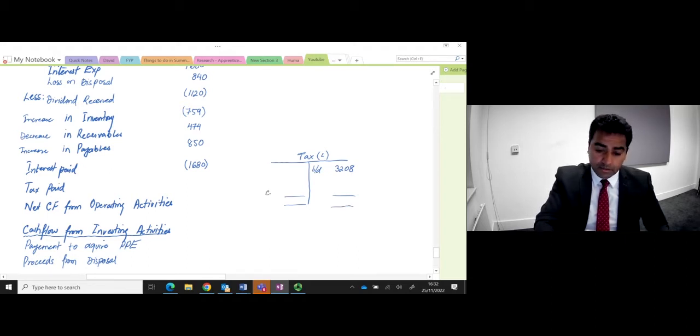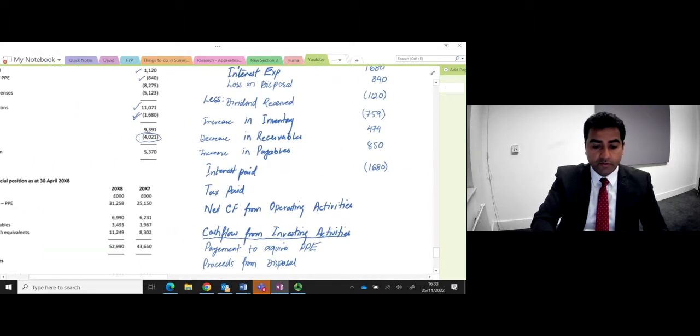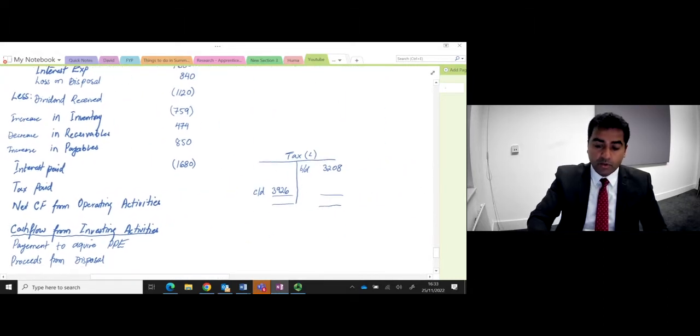The closing balance will appear on the debit side, which is 3926. And the expense that has been recorded in the income statement, which is 4021, will appear on this side, 4021.